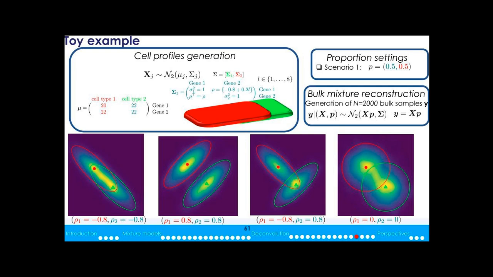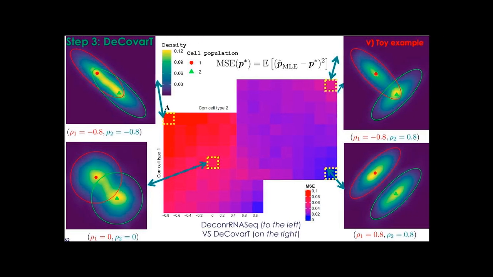Remember that most decomposition algorithms assume static distributions, or in other words, they will only consider the mean expression profiles. So for them, all the four scenarios illustrated on the bottom part of the slide are the same. However, when you're running the decomposition scripts, you can see that the level of correlation between the genes has a strong impact on the performance of the decomposition algorithm.